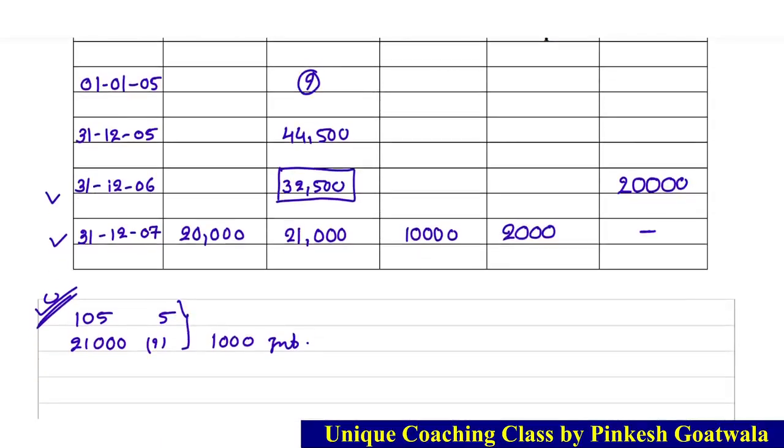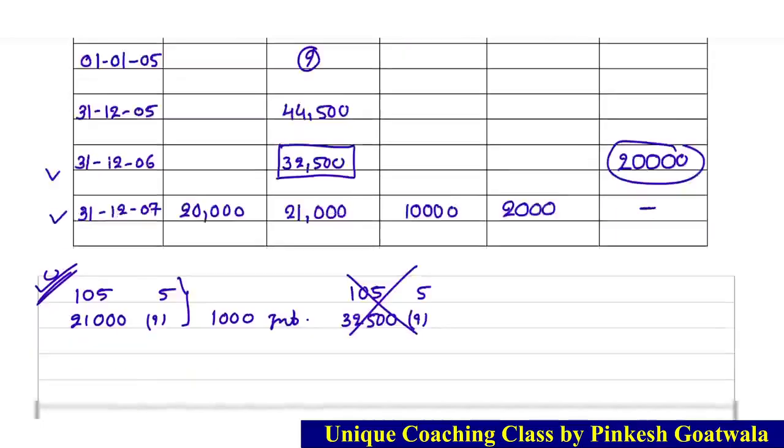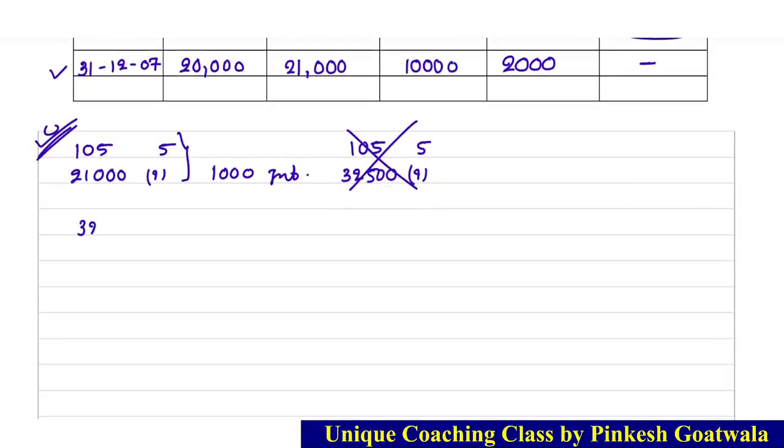Again we have to put this step. 105 gives 5, so for 32,500 how much? But it is the wrong step, right? Because I told you, when you put this step, you have to add the balance. The 20,000 balance that came, we will add to the 32,500 installment.